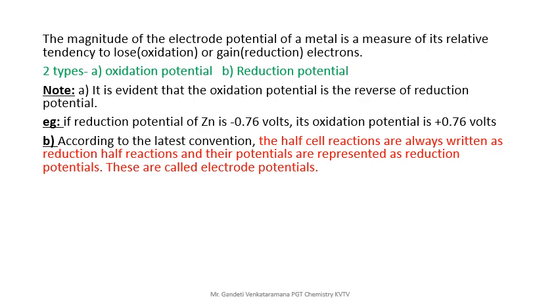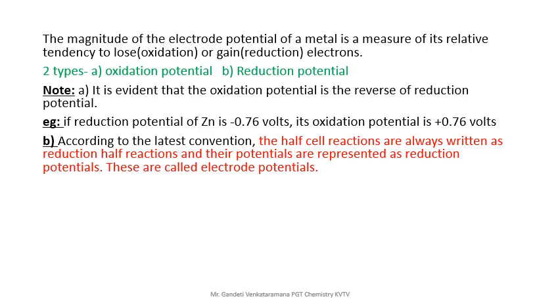But according to the latest convention, whenever you see electrode potential, it represents only reduction electrode potential. In general, we don't use the oxidation potential. This is a very, very important statement in electrochemistry. The half cell reactions are always written as reduction half reactions only.